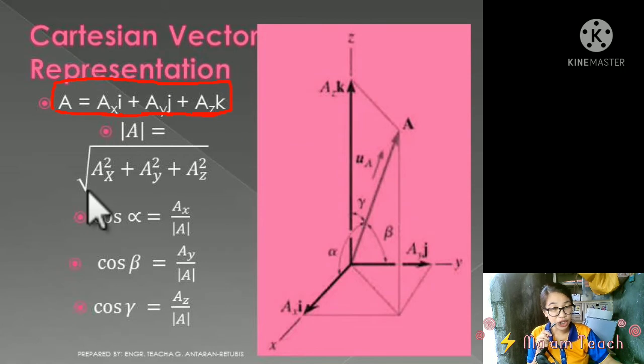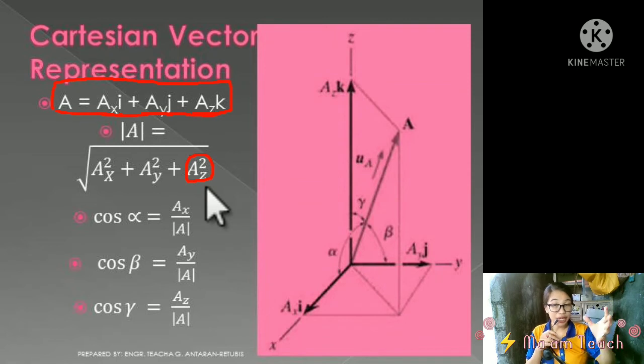of each component. If you could recall, in your two dimensions, x and y, we used the Pythagorean theorem, right? We solved F x squared plus F y squared, and then got the square root of it. In this case, it is the same. The only difference is that you have added the third dimension, which is the z component.